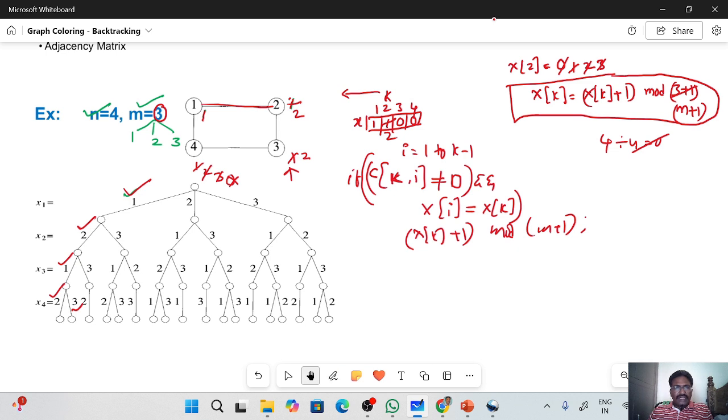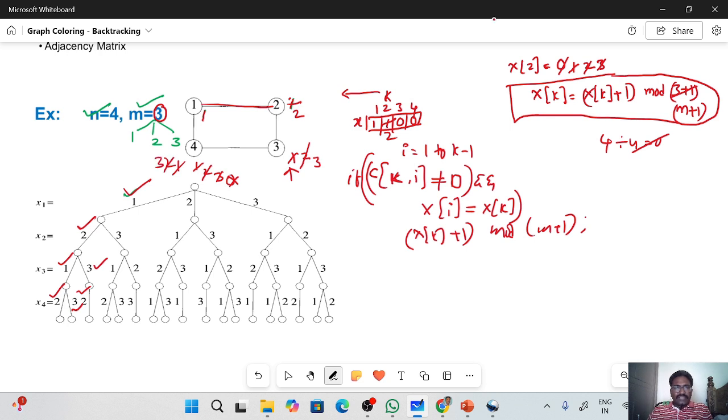No, because 2 and 3 are adjacent. So then go with the 3. Possible? Yes. Then once again here I must go with a 1. 1 is possible? No. Adjacent. 2. 2 is possible? Yes. Here the color is 1, here the color is 3. No problem. I find one more solution.